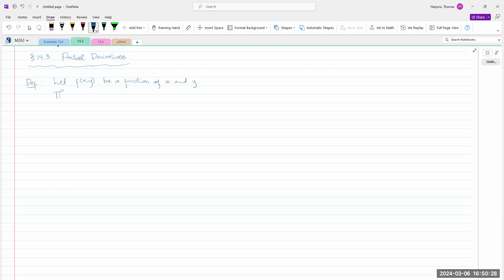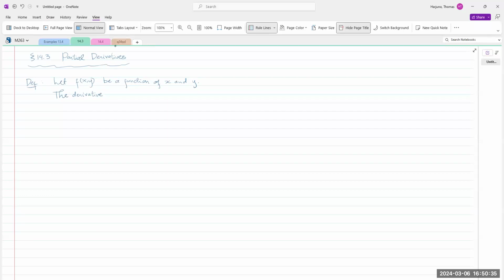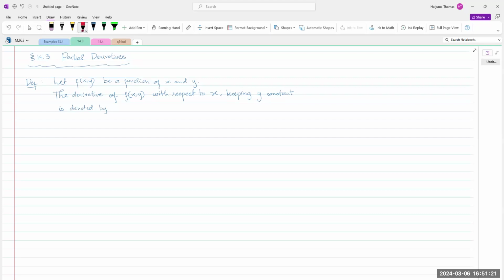Then the derivative of f of x, y with respect to x, keeping y constant, is denoted by... Usually we also call this partial derivative instead of just simply derivative.